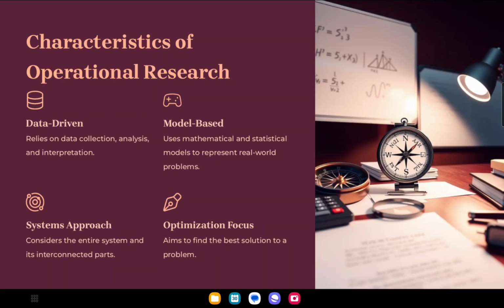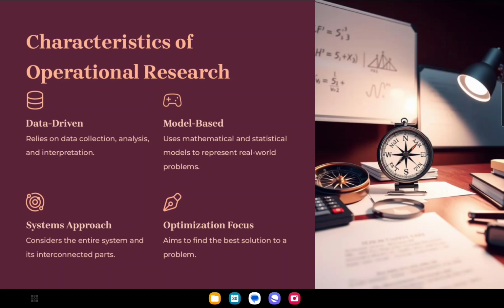Next, it is model based. Mathematical and statistical models represent real world problems, enabling precise analysis. For instance, a factory might use models to simulate production line efficiency. Moving on to the system approach.